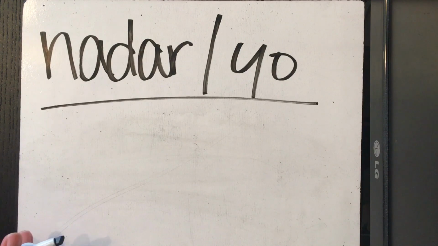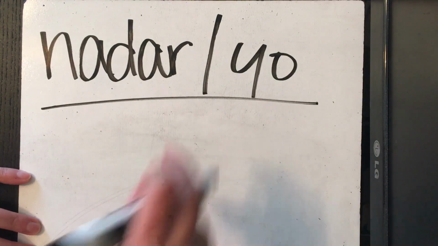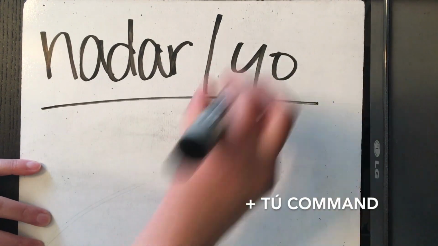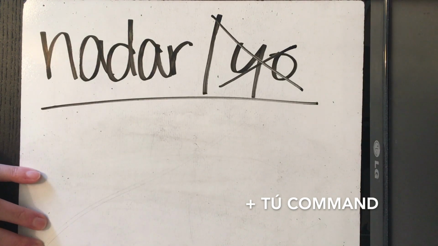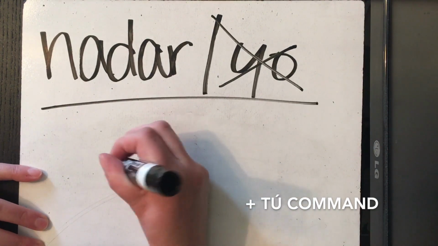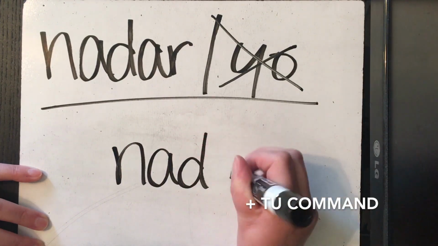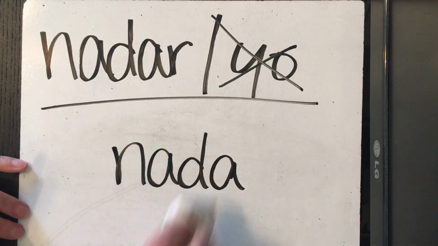Next up, we move into the commands, which is sometimes a little tricky to keep all of these straight. So starting out with positive tú commands of nadar. Positive tú is the él/ella/usted form, or the irregulars vendí, sal, as, ten, ve, ponce. Since it's not one of those irregulars, it's just going to be the él/ella form, which is nada, saying swim to a friend.